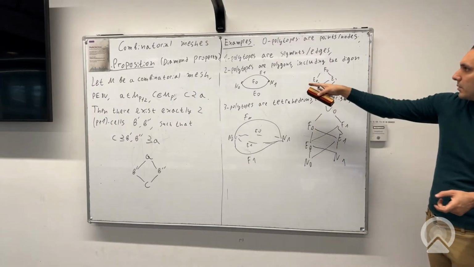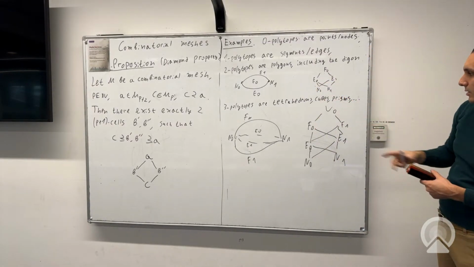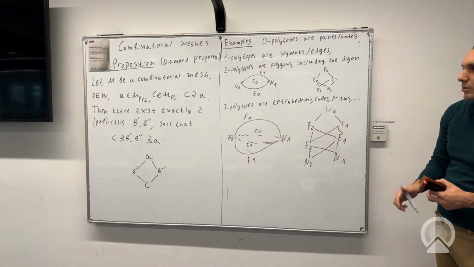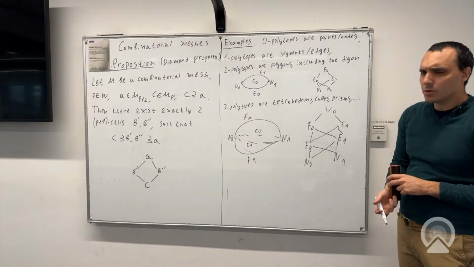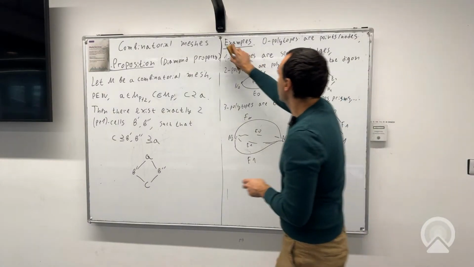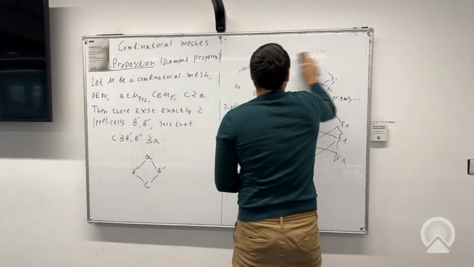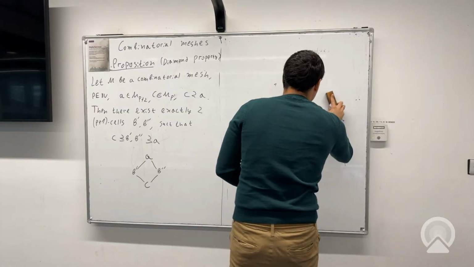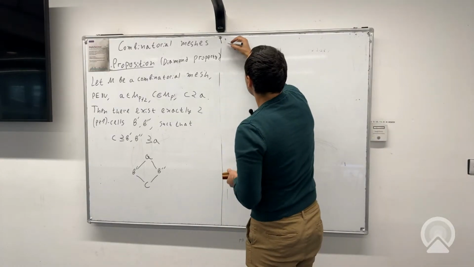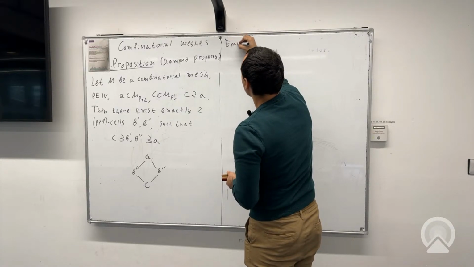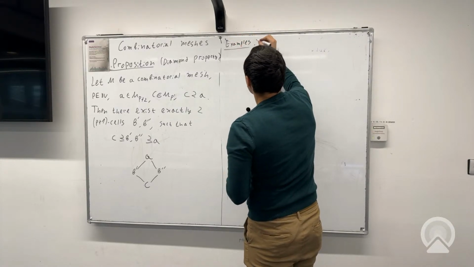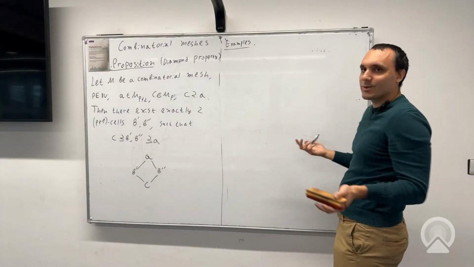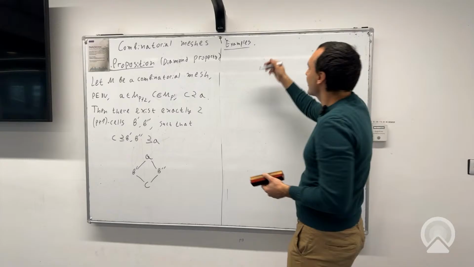Here you can see, even for digons, if you take, for example, V0 and 0, there are exactly two cells. Of course for a 1D mesh it's trivial because there are not two cells.